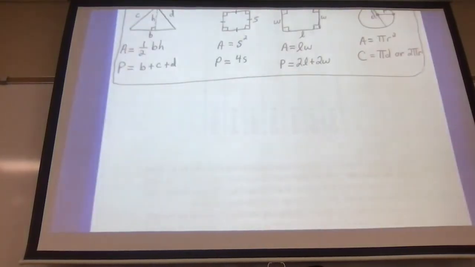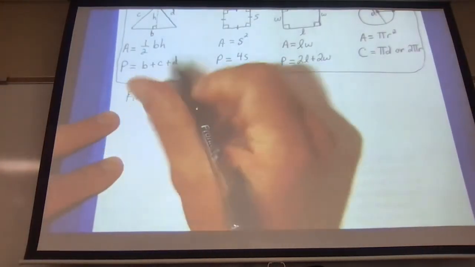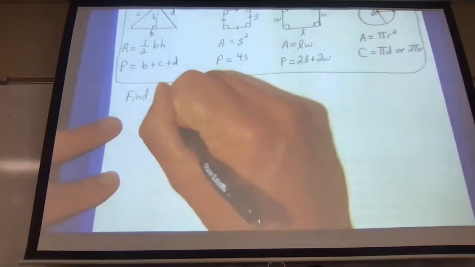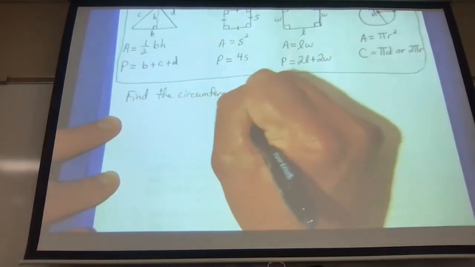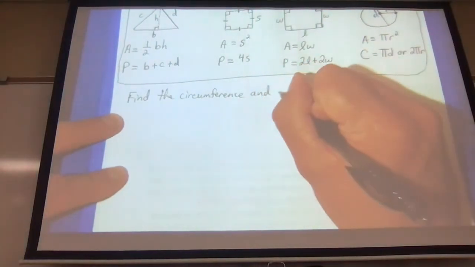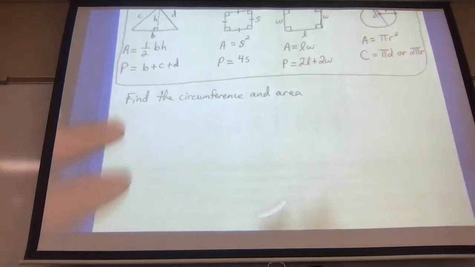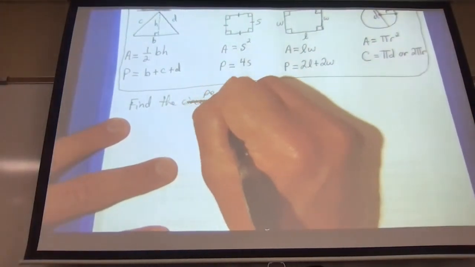Okay, let's show you how these work. Directions are going to tell us to find, we'll start with the circle. We're going to find the circumference and area. Actually, let's change it. Let's do one without. Let's do perimeter and area.